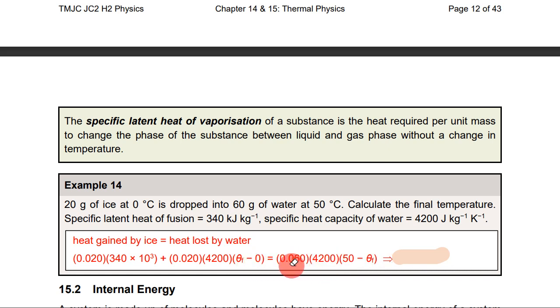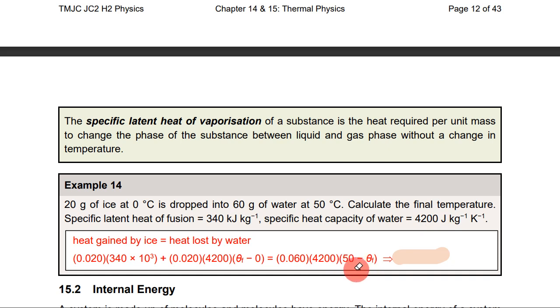This is the heat lost by the warm water, initially at 50 degrees Celsius. We still use the formula mc delta theta. This is the mass of the warm water, 60 grams, so it's 0.060 kg. This is the specific heat capacity of water.